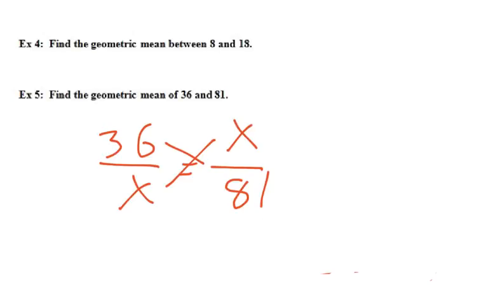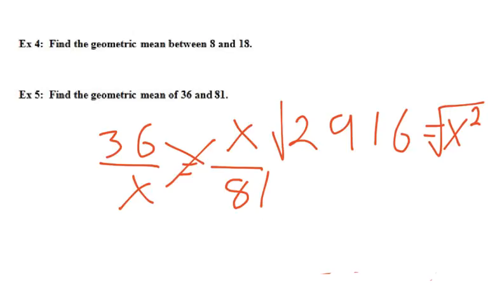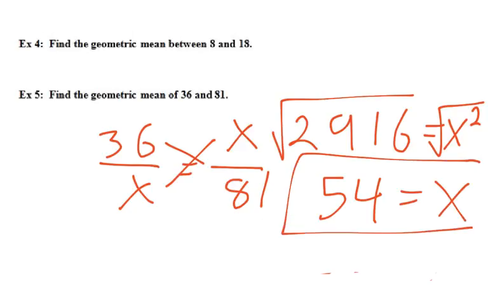So it's going to give me 2,916 equals X squared. And when I find the square root of both those, I'm going to get 54 equals X. So essentially all I'm doing is multiplying the two numbers together and find the square root. 8 times 18, multiply together, get 144, get the square root. 36 times 81, multiply them together, get the square root. Okay, that's essentially all I'm doing.